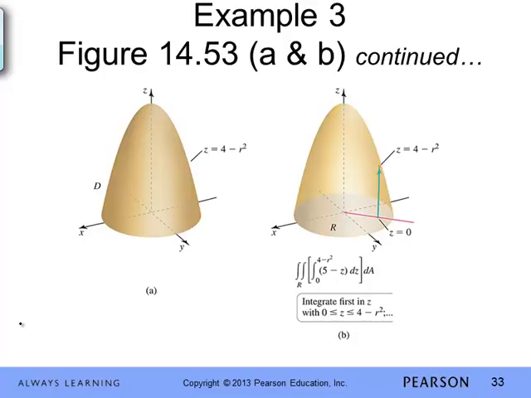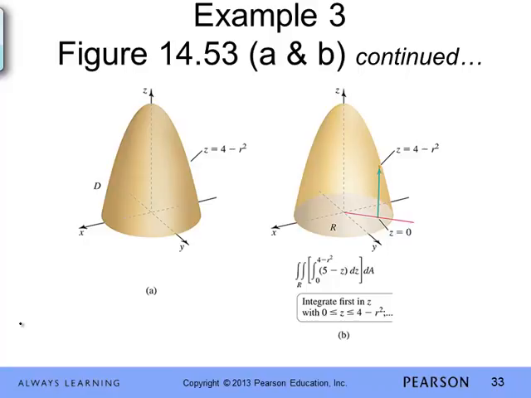Let's take a look at example number 3. So here we are asked to find the mass of this object. Now they're telling us that the density of this object is given by 5 minus z.